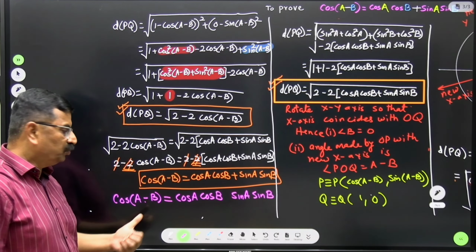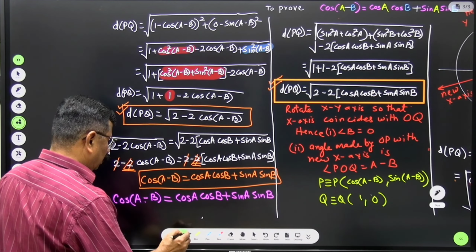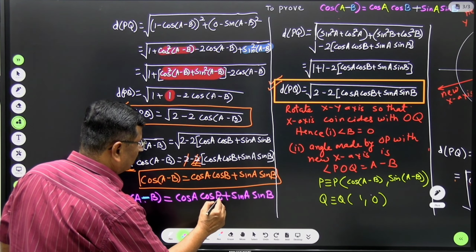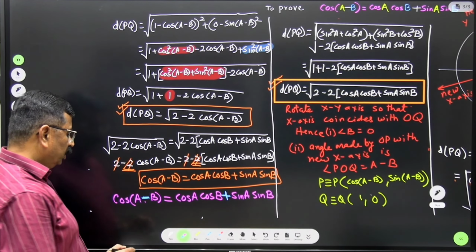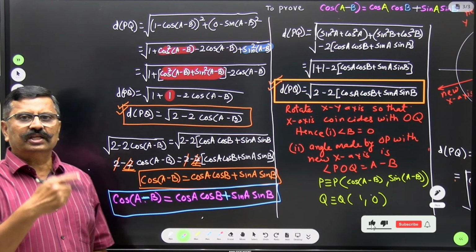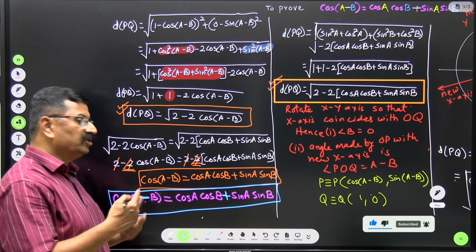Minus, it is A minus B. So here you write plus, meaning opposite sign. If here is a minus sign, then here it will be a plus sign. Remember this. So therefore the cos(A minus B) formula is cos A cos B, sin A sin B, opposite sign.